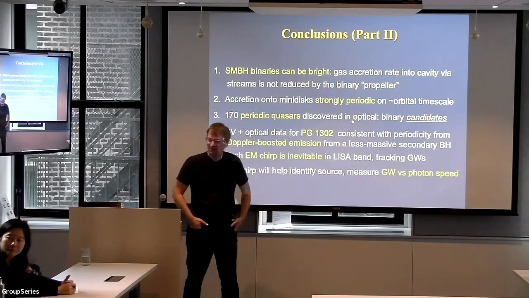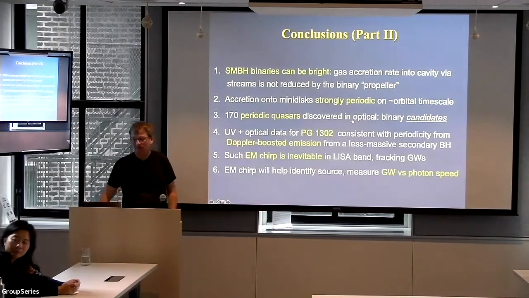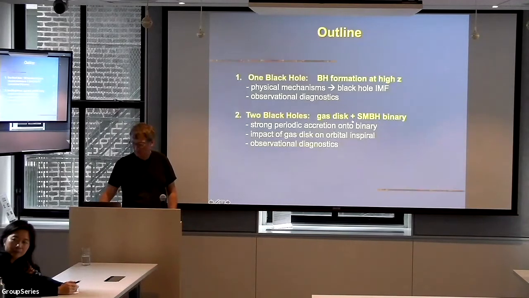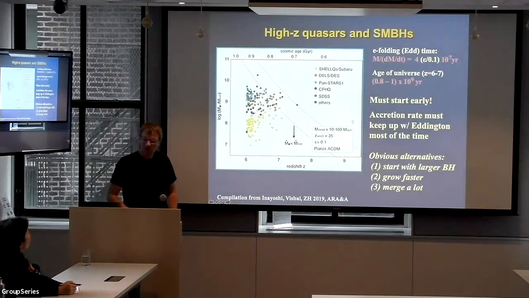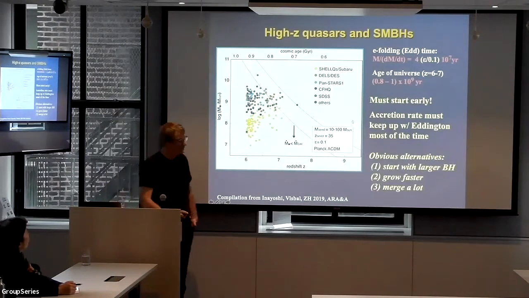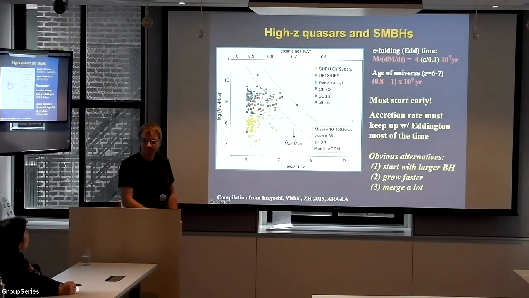To go back to the plot you had right at the beginning of your talk, of the distribution of redshifts and masses, this seems pretty predictive in terms of what we should or shouldn't be seeing at redshift 7 to 9.